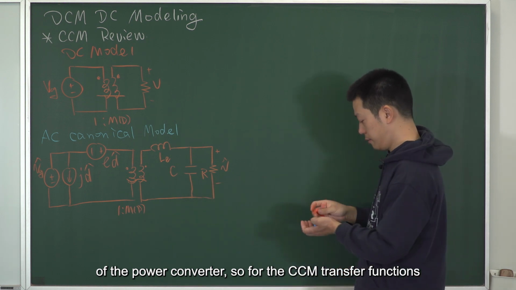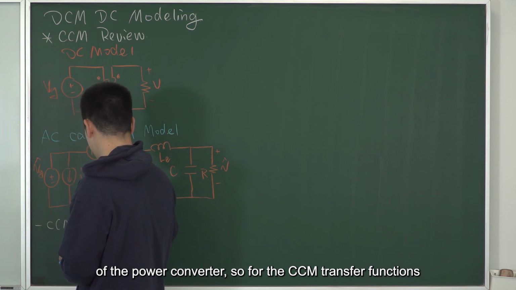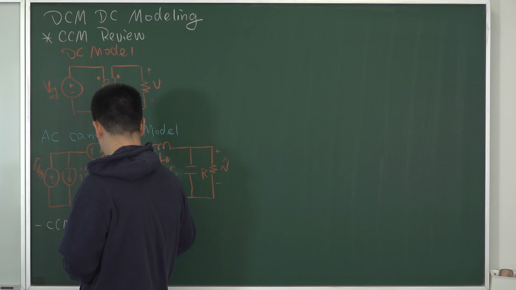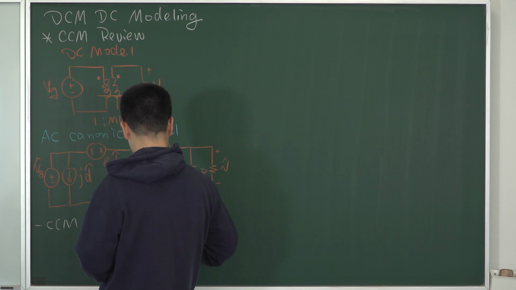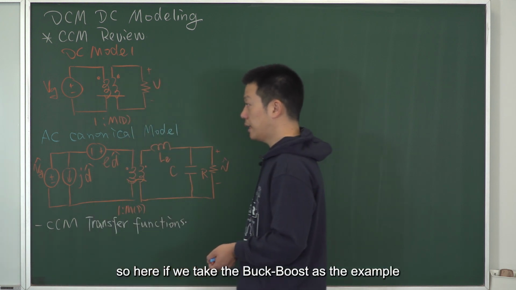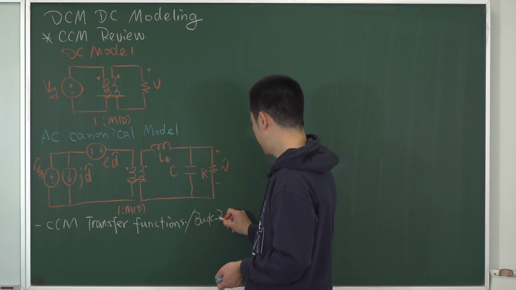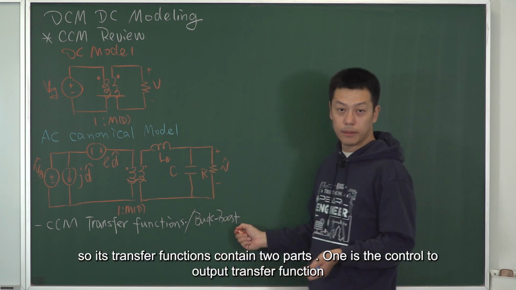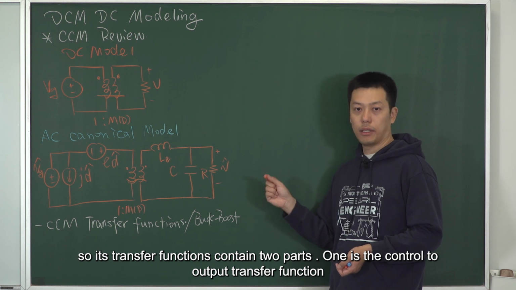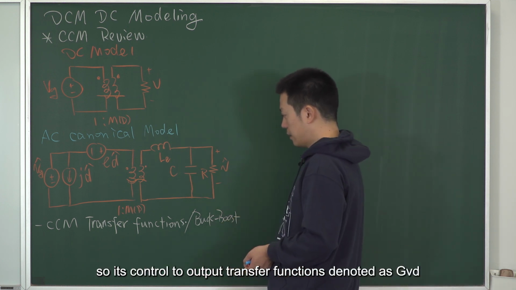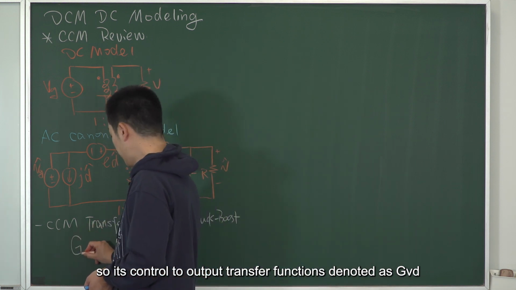Based on this AC canonical model, we can derive the transfer functions of the power converter. So for the CCM transfer functions, if we take the buck boost as an example, its transfer functions contain two parts. One is the control to output transfer function, denoted as GVD.